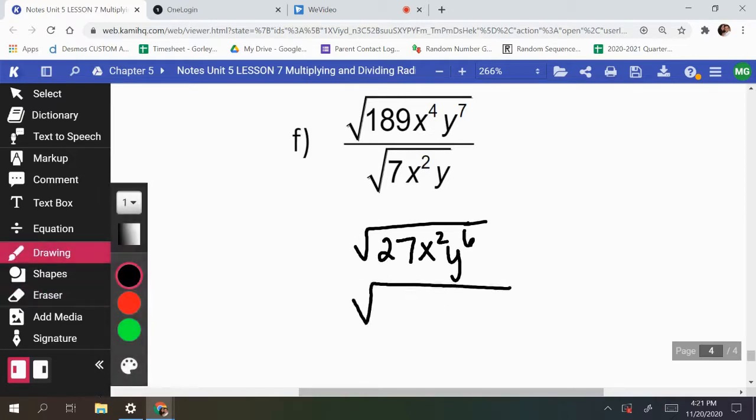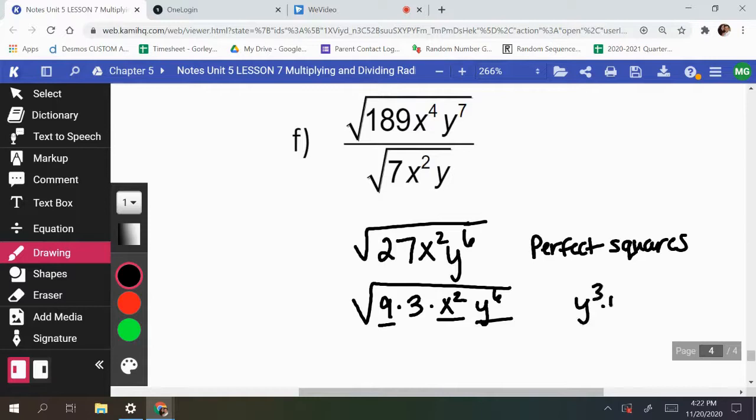All right, I'm looking for perfect squares because we're dealing with a square root. So I'm going to break 27 up into 9 and 3, where 9's perfect. Let's see, x squared is a perfect square of x, and y to the 6th is a perfect square, right? Isn't y cubed times y cubed y to the 6th?